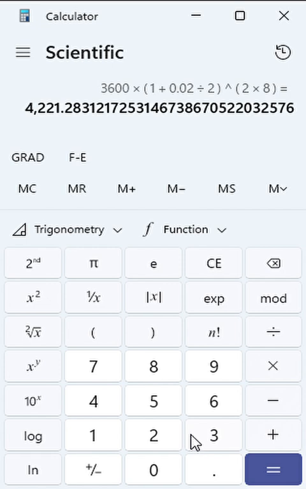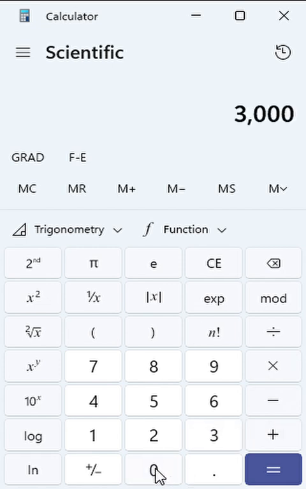Now let me type this one. So it's 3000 times parentheses 1 plus 0.0425 divided by 4, since quarterly, and then parentheses.